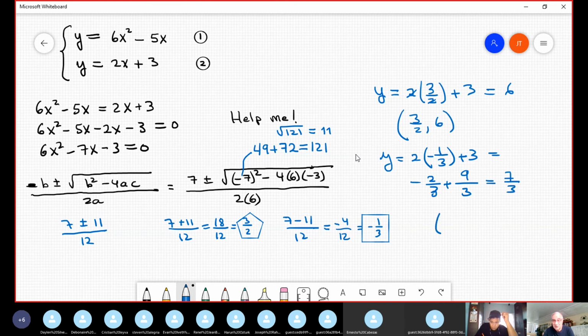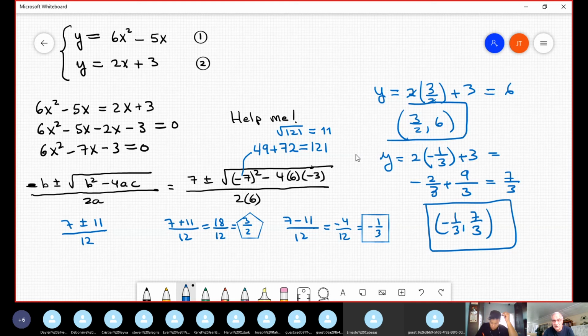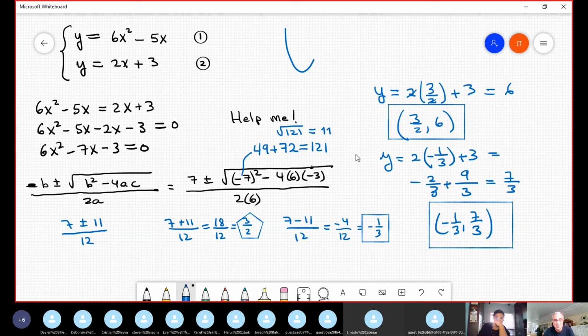And my second point is negative 1/3, 7 over 3. We have just 2 points because it's a parabola and a line. I suppose it opens up because the coefficient in front of the x squared is positive. But we will see this in detail later.